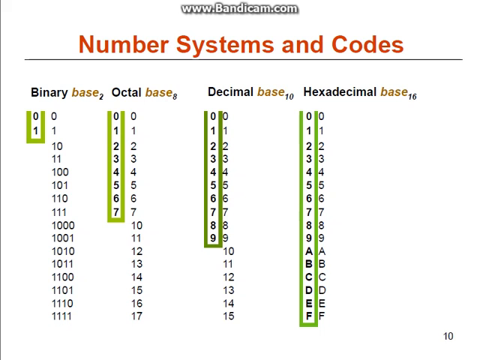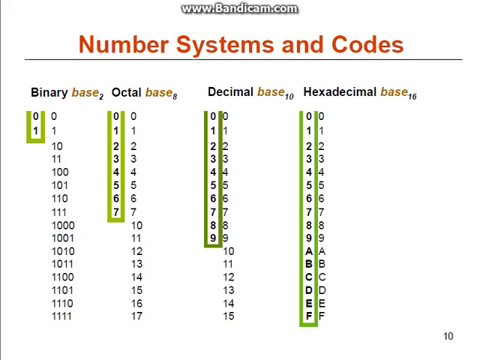If you realize, binary is represented by 0 and 1. Octal, if you notice, starts from 0 all the way to 7, of base 8. What about decimal? Decimal is 0 to 9. Do you realize something? There's always one below the base.